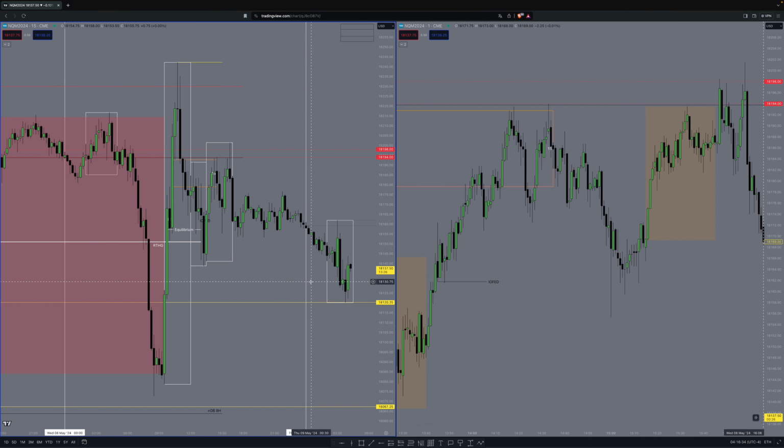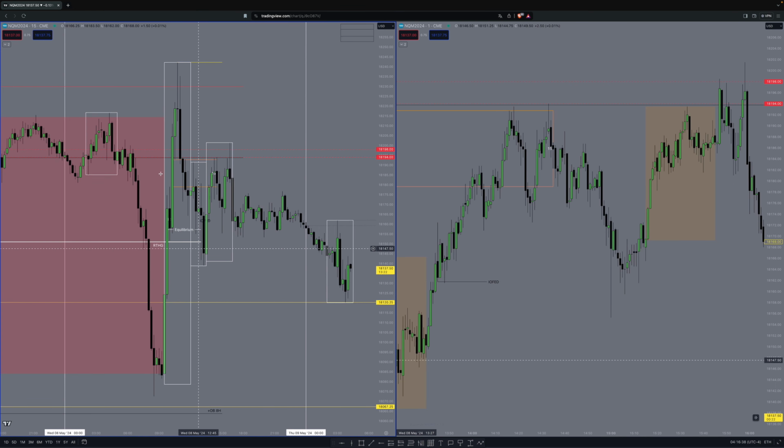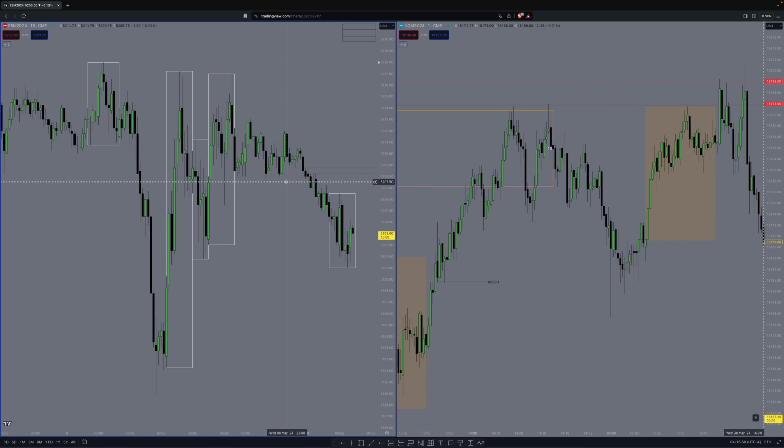And there's something as well. Yes, you can see I was saying I was holding this 15-minute inverse fair value gap, right? But at the same time, let's look at NQ. Yes, ES has much more bullish momentum.